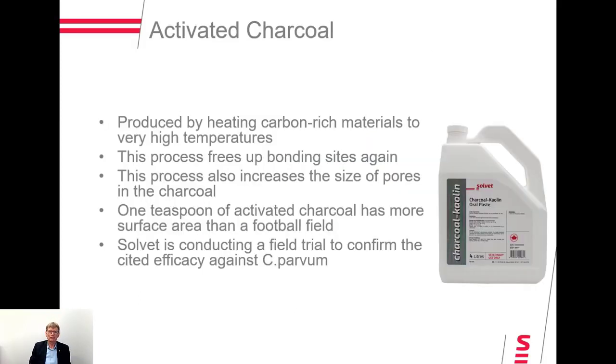Activated charcoal. One of the things about activated charcoal, granted that it is messy, is that it has an enormous surface area. Actually, 1 teaspoon of activated charcoal has a surface area greater than or equal to a football field.